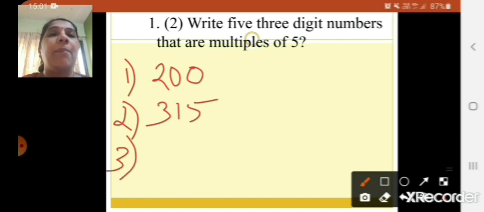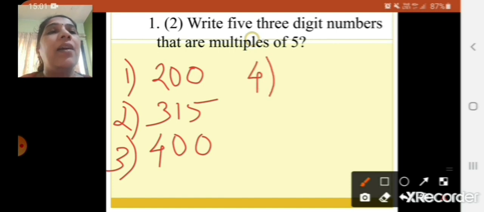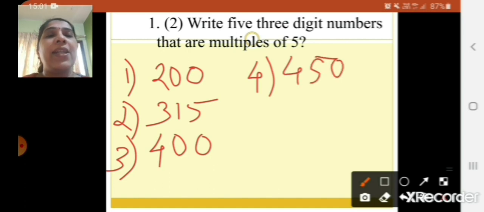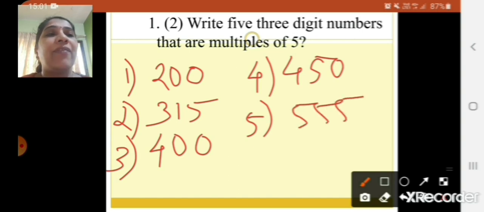Then third number, I will take it as 400, right? Then fourth number, we'll take it as 450, right? 0 is there in the units place. Now fifth number, I'll take 555.